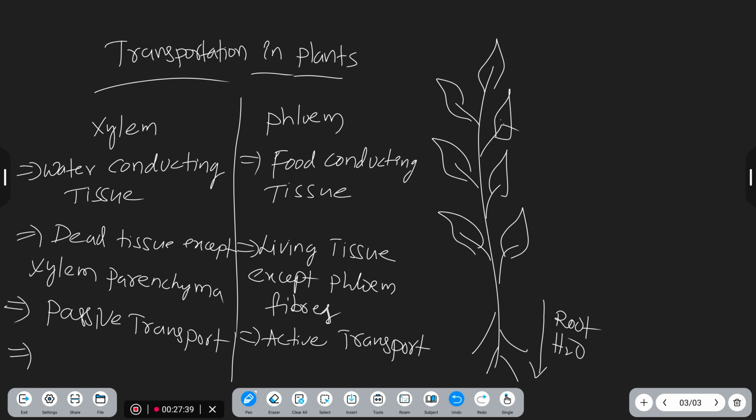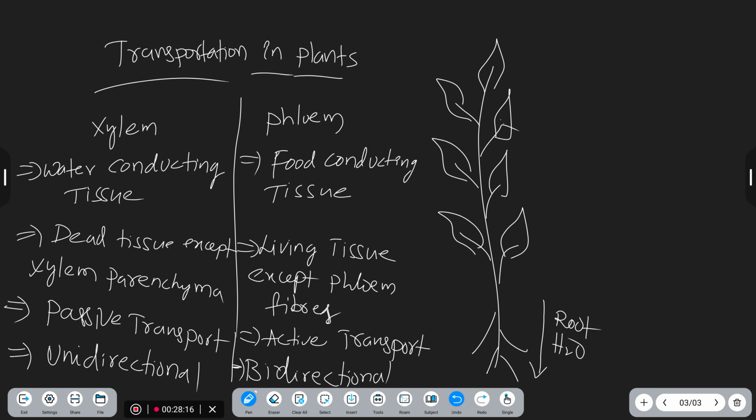There photosynthesis takes place and food material is stored in the form of starch. From the leaf to the upper parts or lower parts, so that may be bidirectional. Phloem transport is bidirectional, xylem is unidirectional. Understood?